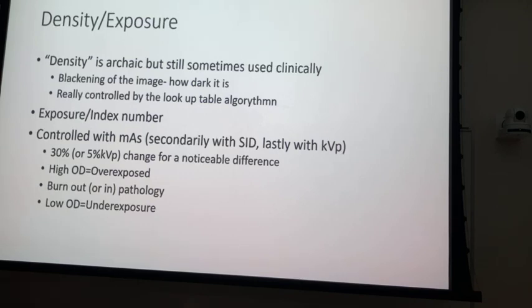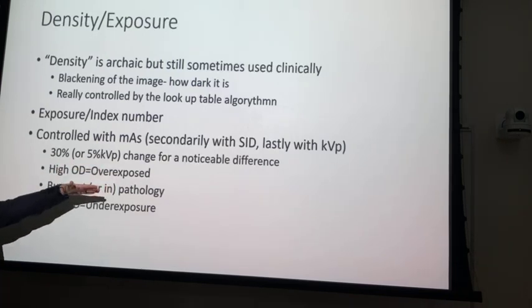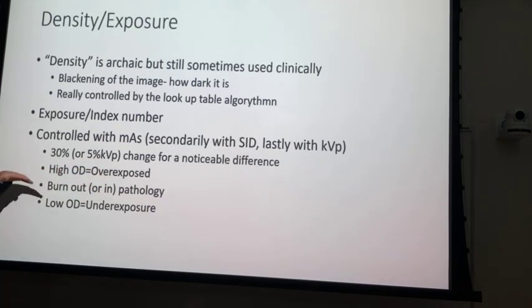So, all of that said, you need to look out for certain things in test questions. You need to look out for how much of a change in mass it takes to make a noticeable difference. That's not if you need to repeat an exam, that's just your baseline for minimum change in mass to affect the change on your image, and that's always going to be 30%.